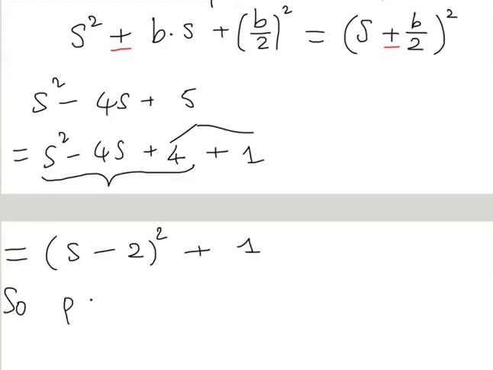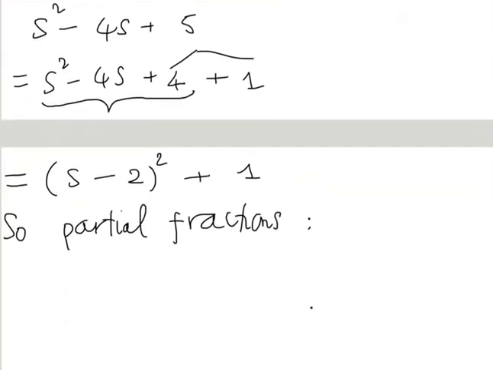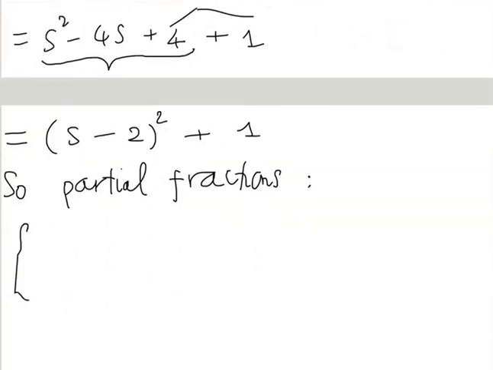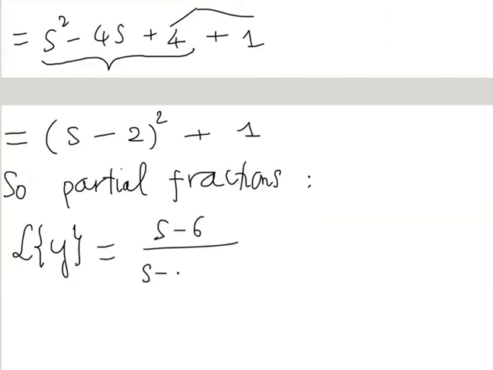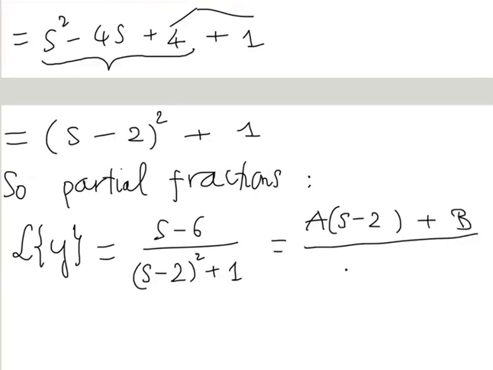And so the partial fractions have the following form. I'm going to rewrite the Laplace transform of y, which is s minus 6 over s minus 2 squared plus 1, as a times s minus 2 plus b, divided by s minus 2 squared plus 1.